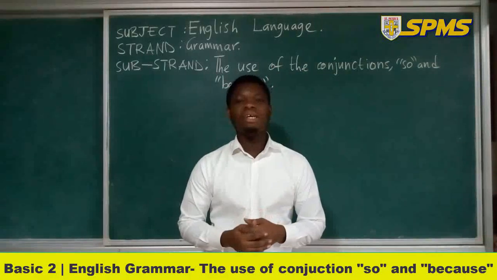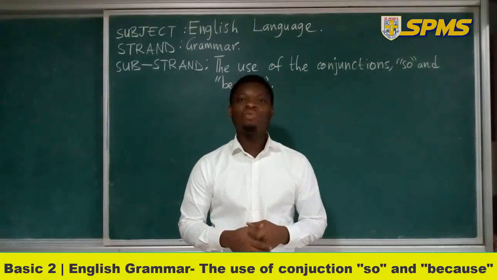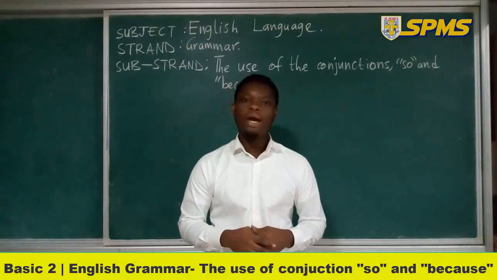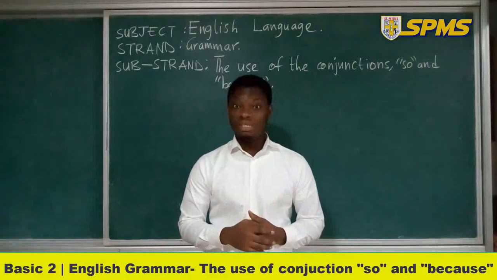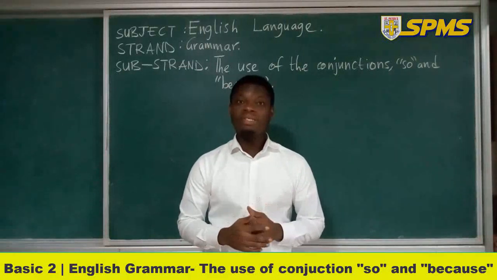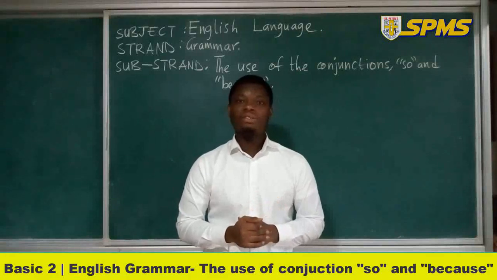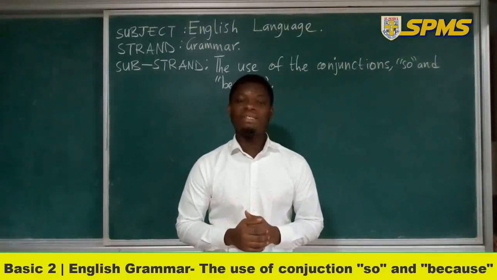What did we learn today? Good. We learned about the use of the conjunction so and because. And what did we say about them? Do you remember we said they have similarities as well as differences? Good. So what are the similarities that we said?